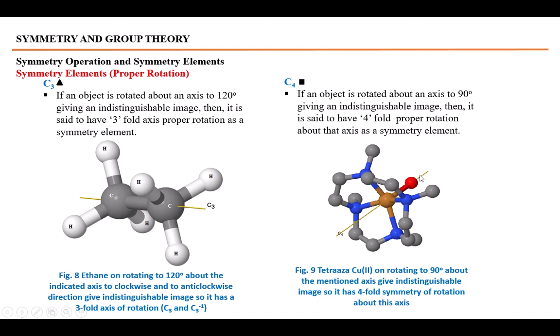It means that if we rotate the molecule up to 360 degrees about this axis, 4 times we would get the same or similar image. Hence it is called fourfold rotational symmetry about this axis.